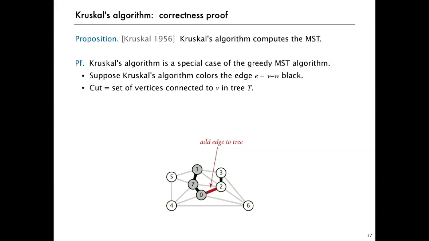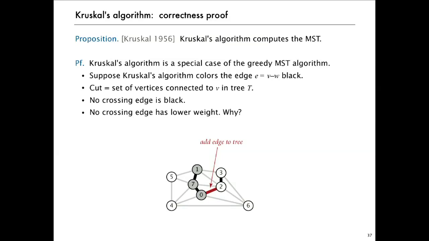So it might be just V, but if there are any black edges connecting V to other vertices, we put all of those in the cut. So for that cut, there's no black crossing edge because it's a component. And the other thing is that there's no crossing edge with lower weight than VW. And why is that?